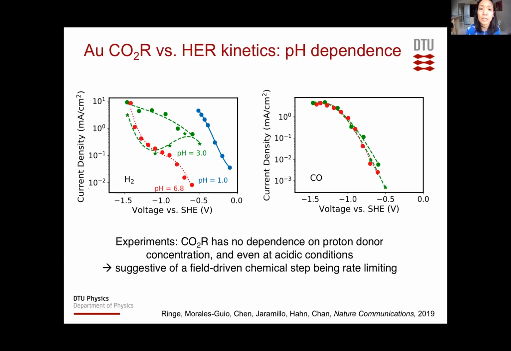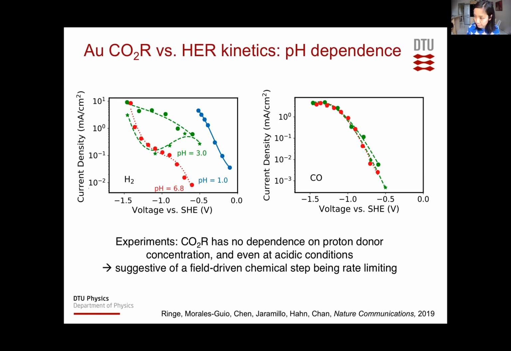What I'm showing here is experimental data from our collaborators in Tom Harmeal and Chris Hahn's group. What is shown here is the pH dependence of hydrogen and CO production as a function of the SHE scale.